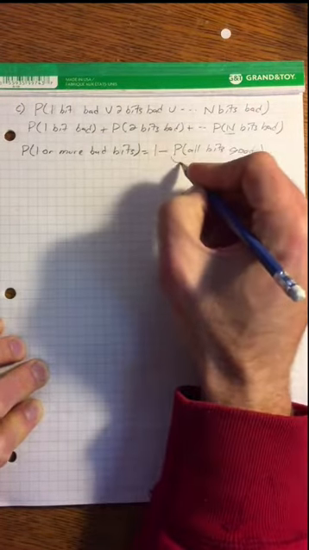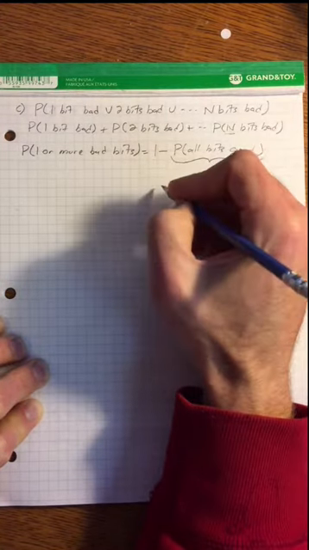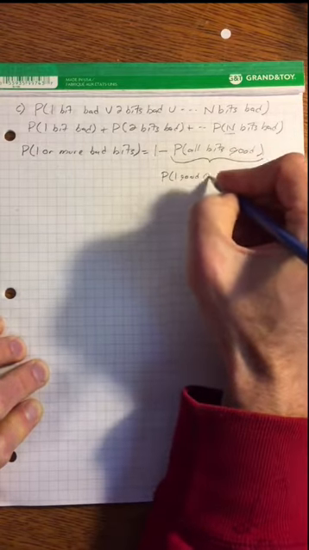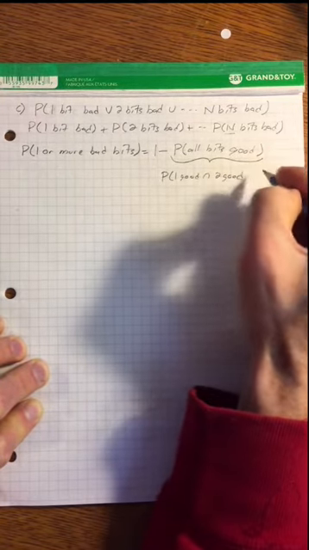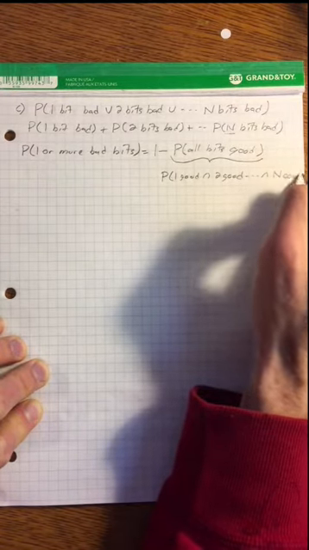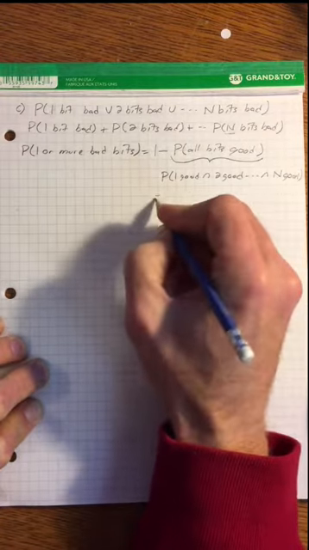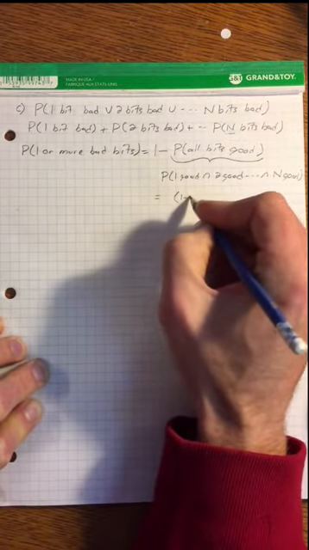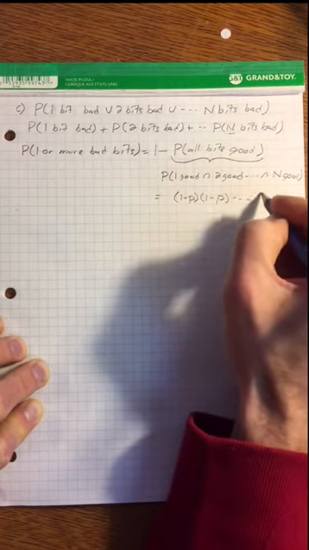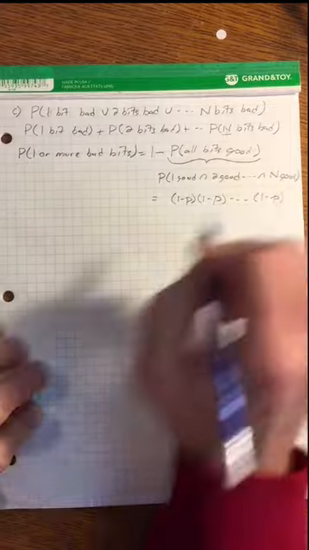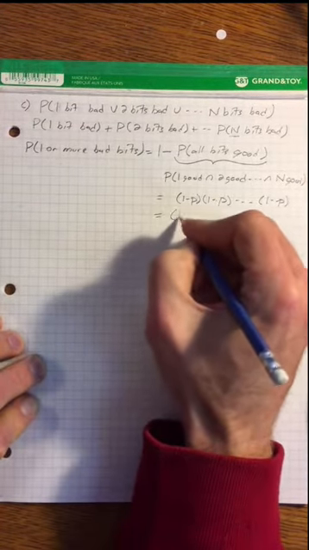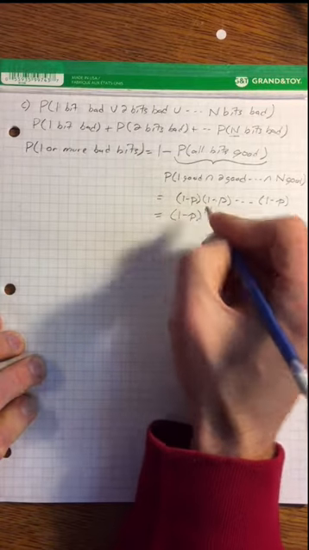And this probability is just equal to the probability that bit 1 is good and 2 is good, all the way up to n being good, which is just equal to (1 minus p) times (1 minus p), all the way up to (1 minus p) for bit n, which is just equal to (1 minus p) to the n.